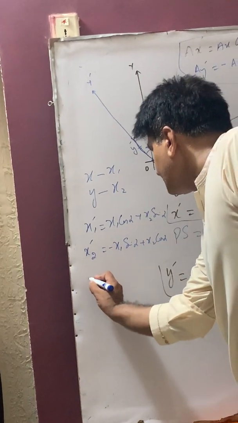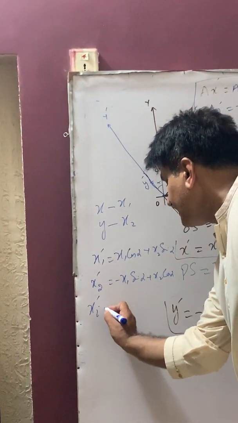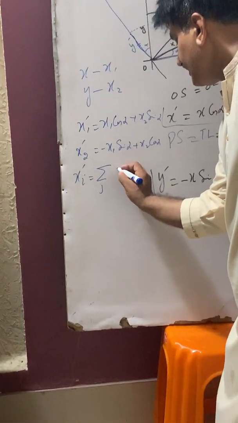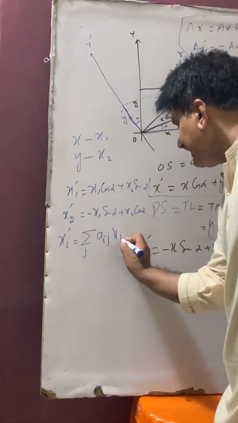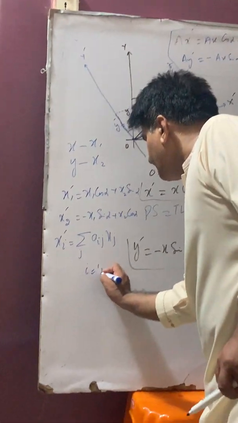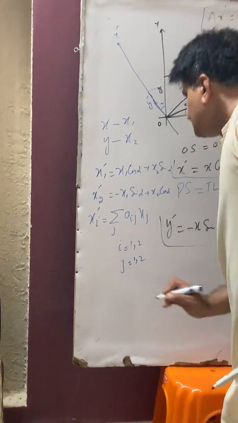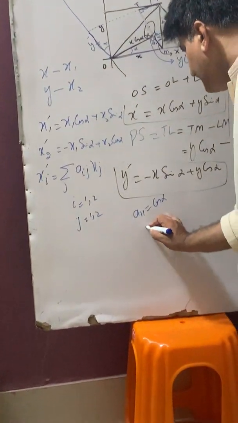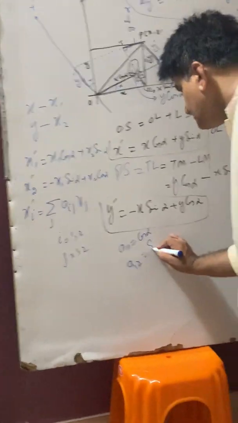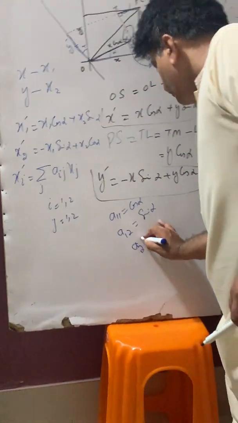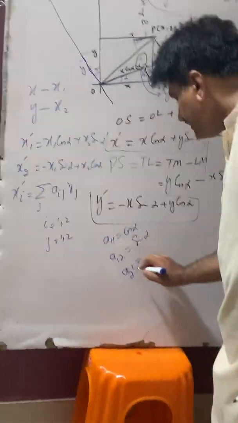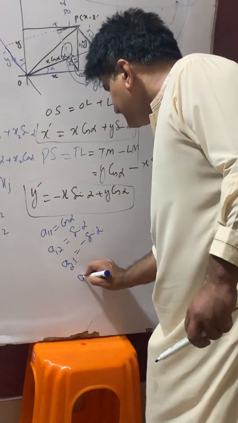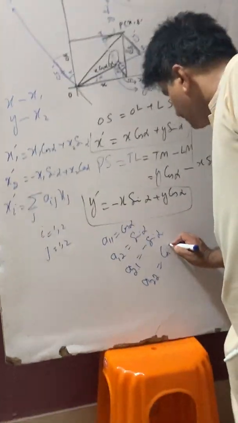These two equations can be written in summation notation. xi prime is equal to summation over j of aij xj, where i is 1 to 2, j also 1 to 2, and a11 is equal to cos of alpha, a12 is equal to sine of alpha, a21 will be minus sine of alpha, and a22 will be again cosine of alpha.